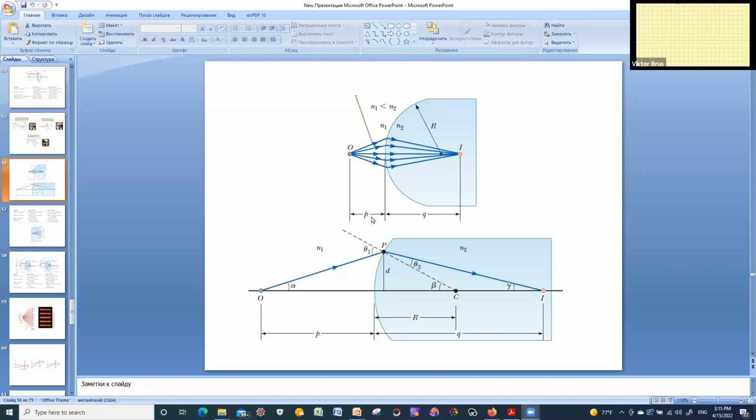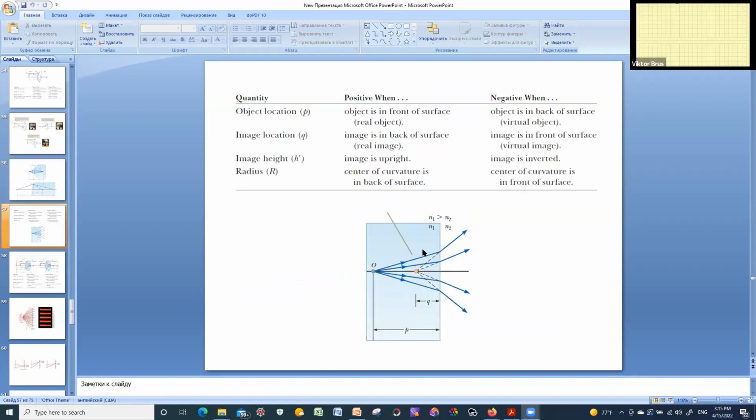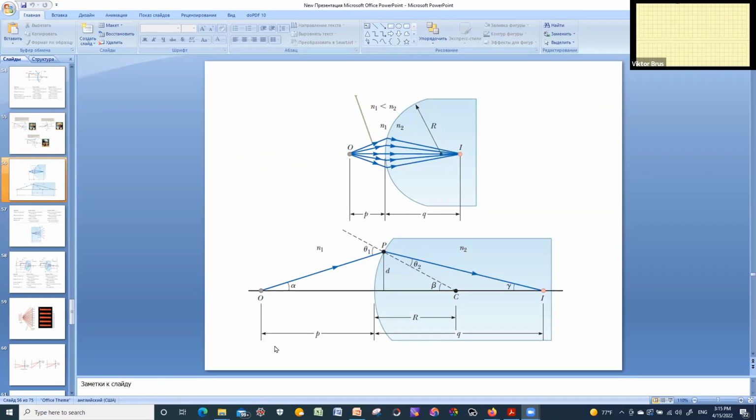So that is distance P. And also there's a distance from the interface to the image of the object, which we mark as Q. So now we need to look a bit closer at this refraction process going on at this interface, in order to get some quantitative relationship between all these parameters.